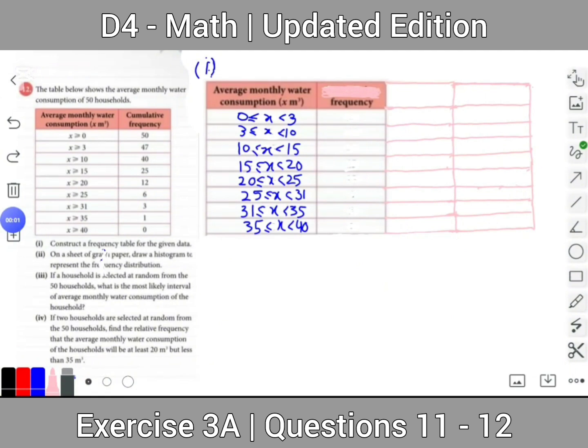Now to find the frequency of the class interval 0 to 3, subtract the cumulative frequency of the next class interval 3 to 10 from the cumulative frequency of the current class interval 0 to 3. So 50 minus 47 will give us the frequency of 3.